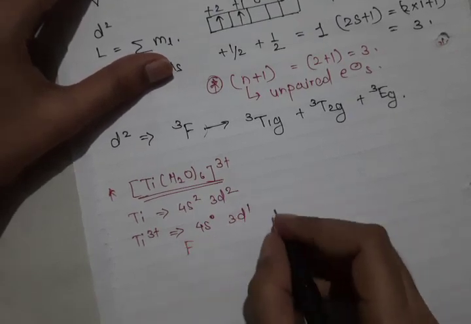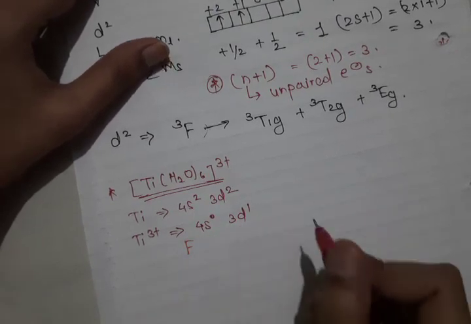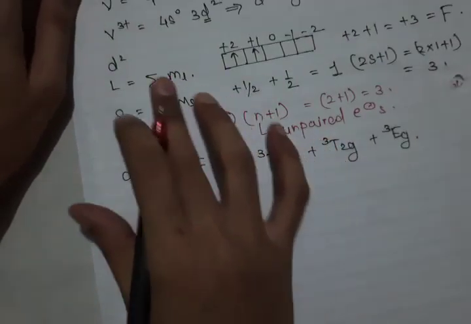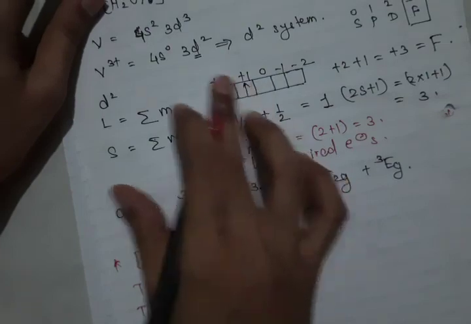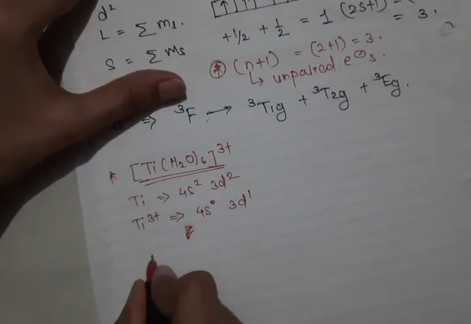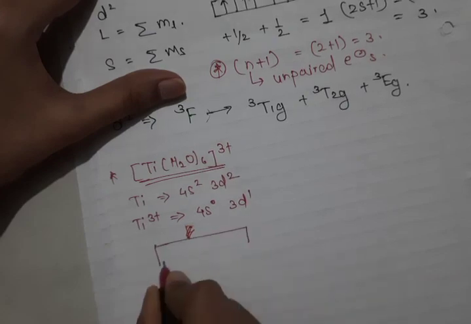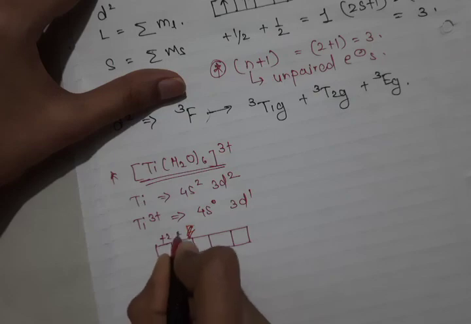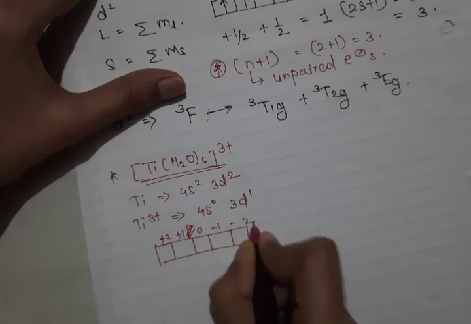For d1 system you have to find out the term symbol. You can find out the term symbol using this method. So let's quickly find out. For L value 1 2 3 4, plus 2 plus 1 0 minus 1 minus 2.